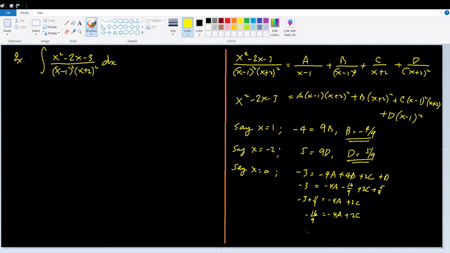Or negative 8 over 9 equal to negative 2a plus c. So we now have an equation involving a and c. Let us call it equation 1.